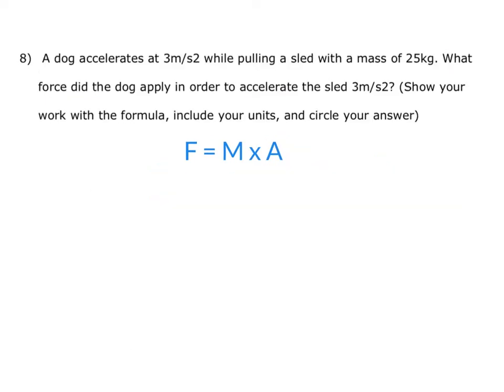For number 8, it says a dog accelerates at 3 meters per second squared while pulling a sled with a mass of 25 kilograms. What force did the dog apply? We know that they've given us the acceleration, 3 meters per second squared.